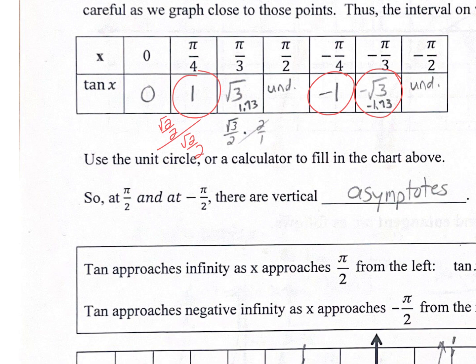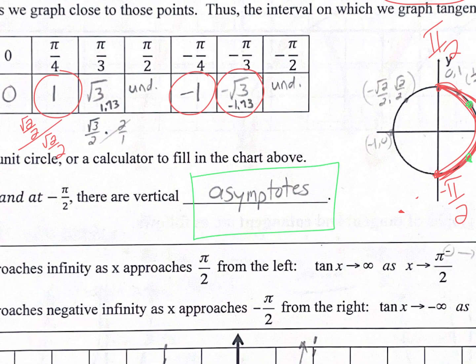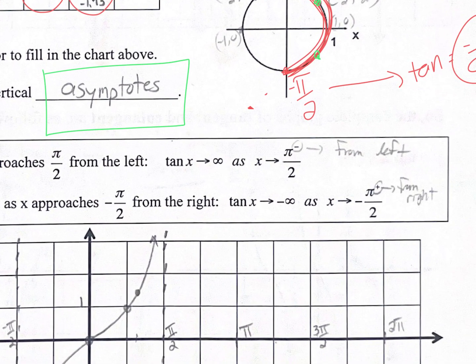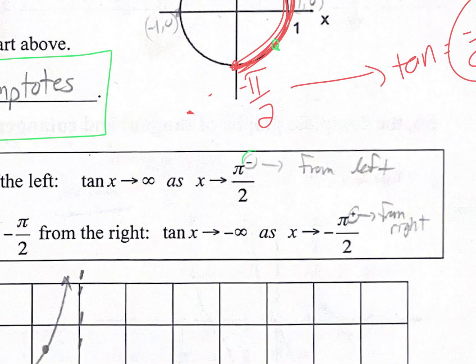At pi over 2 and negative pi over 2, we have vertical asymptotes, which means our graph is going to approach them and go to infinity or negative infinity. If we approach pi over 2 from the left, remember that this negative symbol means approaching pi over 2 from the left.